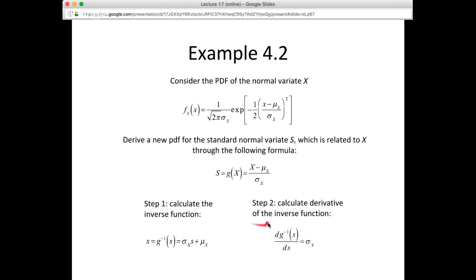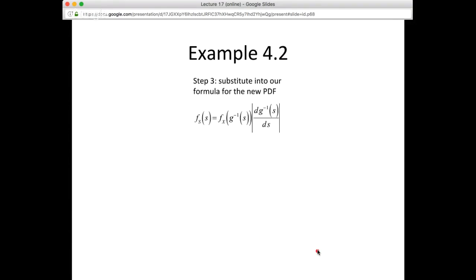Step two is to calculate the derivative of the inverse function with respect to s. Mu x, of course, is constant, so the derivative of g inverse of s with respect to s is just going to give us sigma x. Then we remember our formula, step three, which says that the new PDF for the random variable s is equal to the old PDF for the random variable x evaluated at g inverse of s, times the absolute value of the derivative of g inverse of s with respect to s.